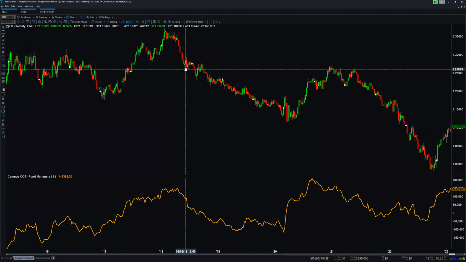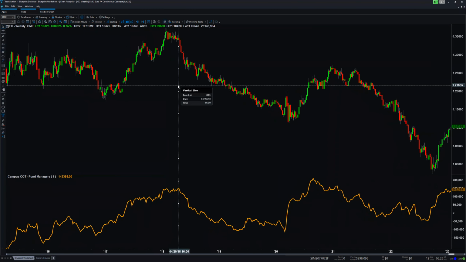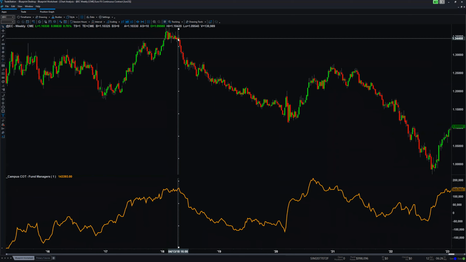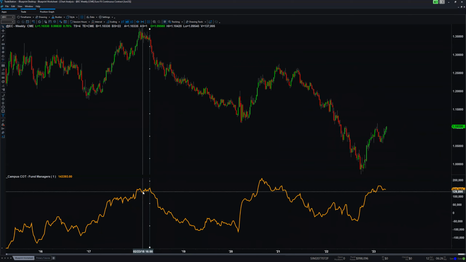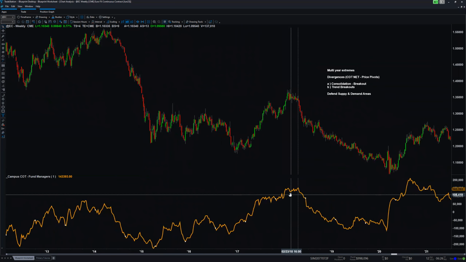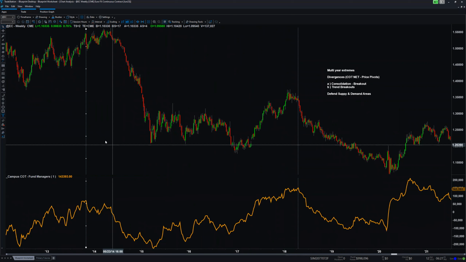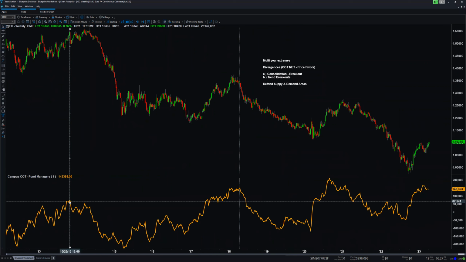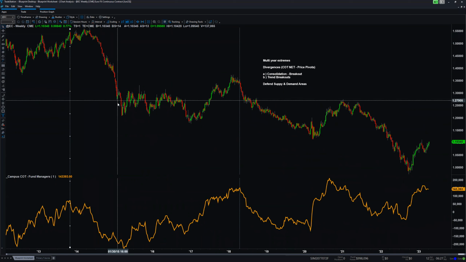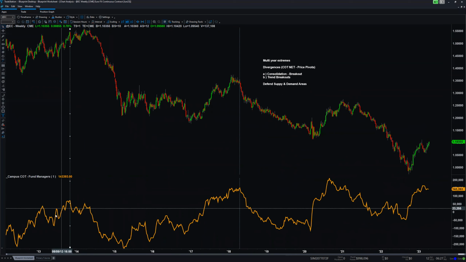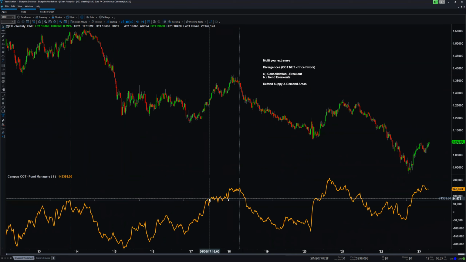So let's just see how the commercials usually act in the marketplace. So we know that this is an extreme, right? How could we have known that this is an extreme? Well, in looking to the left and understanding that this was an extreme, right? And we know that if this is our baseline, and this eventually created a big drop in price, then we know that starting from here, we're starting to be extremely high up in terms of a multi-year high, right?